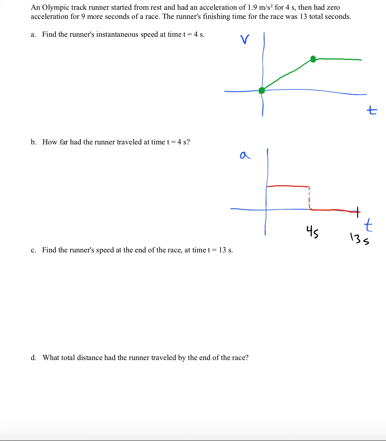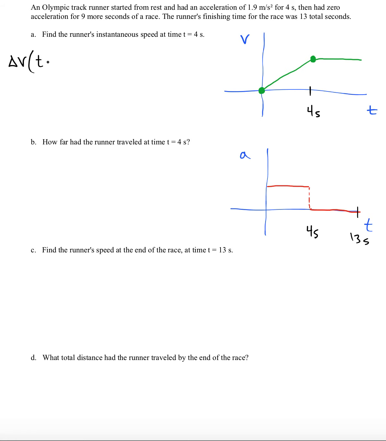So now that I have that basic graph drawn of the situation, we want to find out what the speed was at 4 seconds. All right, so an integration could definitely help us do this.